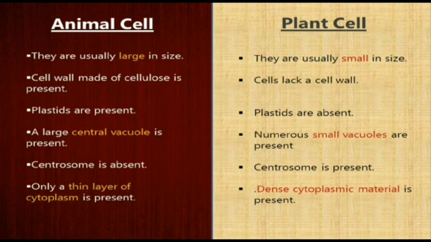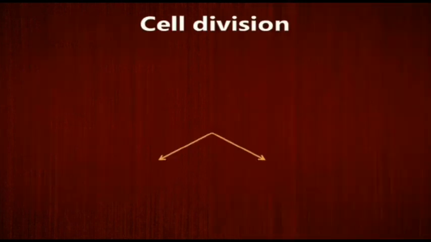In the animal cell, numerous small vacuoles are present, but for the plant cell, a large central vacuole is present. Centrosome is present in the animal cell, while centrosome is absent in the plant cell. Only a thin layer of cytoplasm is present in the animal cell, but a dense cytoplasmic material is present for the plant cell.